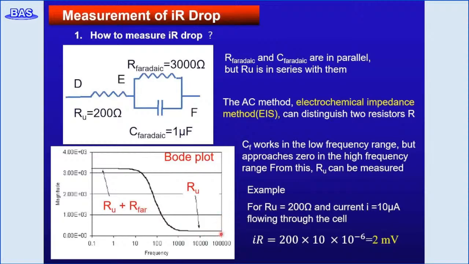For example, if Ru equals 2200 ohm and the current flow is 10 microamp, the iR drop is 22 millivolt and almost negligible.